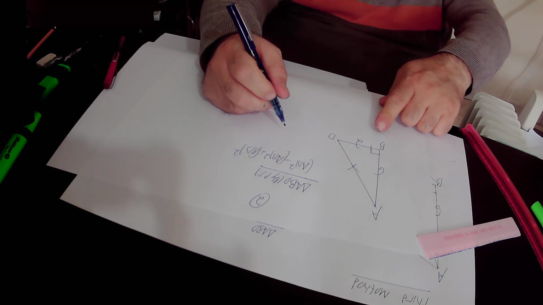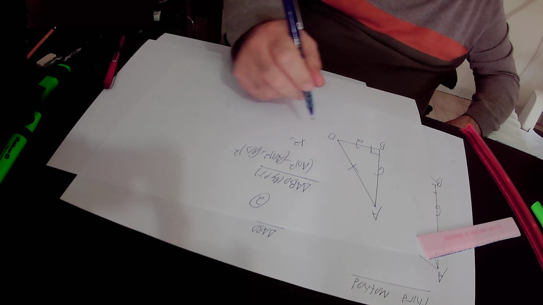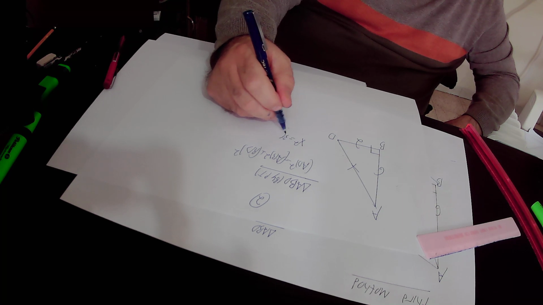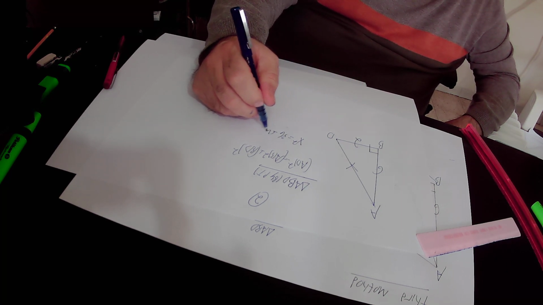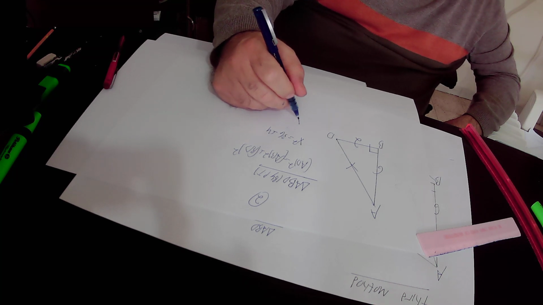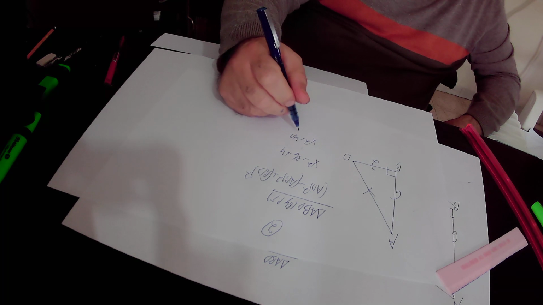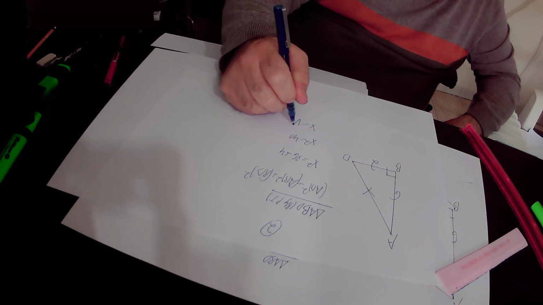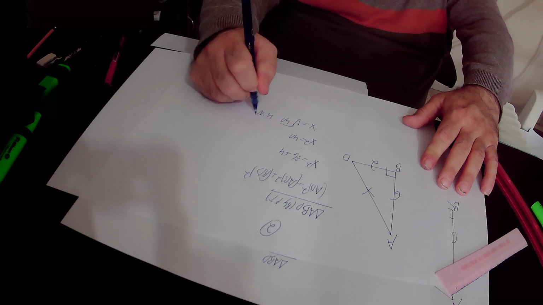AD equals x, so AD squared is x squared. AB equals 6, so AB squared is 6 squared, that is 36. BD equals 2, so BD squared is 2 squared, that is 4. 36 plus 4 is 40, so we found out that x squared equals 40. We take the root of this equation, and we get x equals the square root of 40. 40 is 4 times 10.